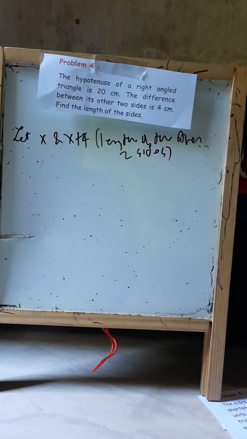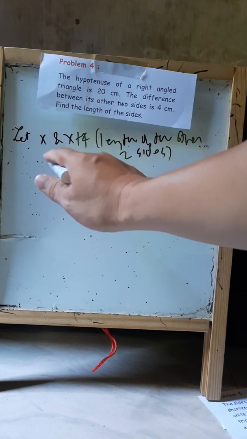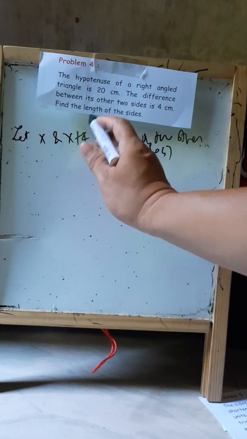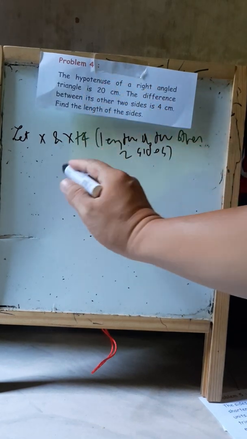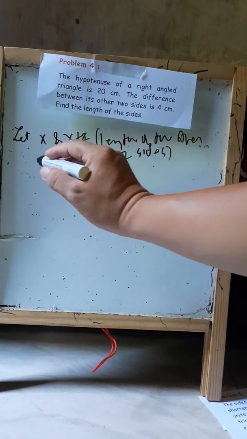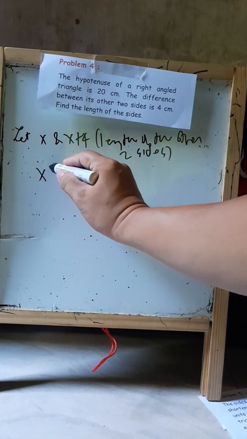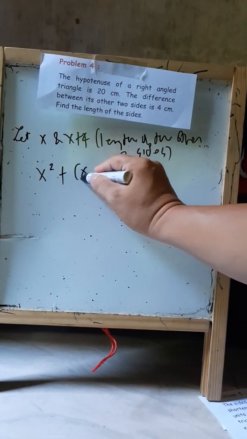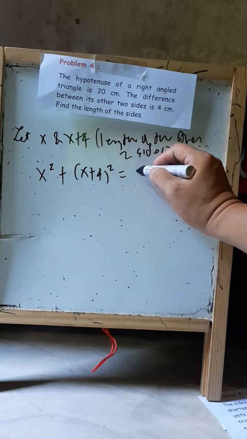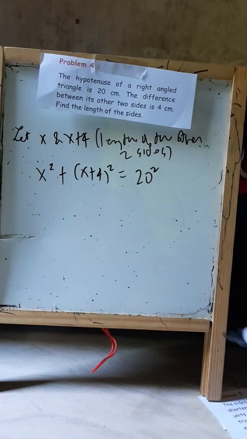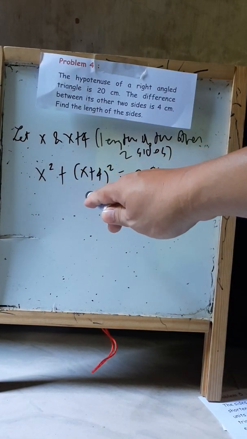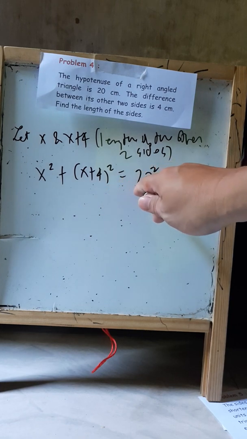So these are the lengths of the legs of the right triangle, while the length of the hypotenuse is 20 cm. Using the Pythagorean theorem, we have x squared plus (x plus 4) squared is equal to 20 squared. The sum of the squares of the legs is equal to the square of the hypotenuse.